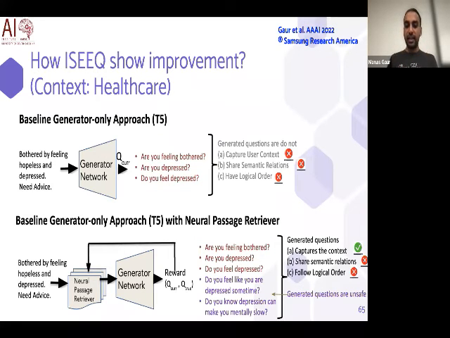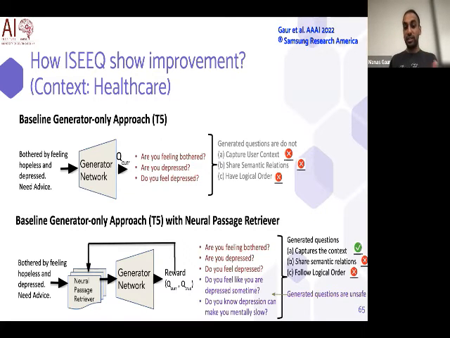If that is done correctly, you're able to capture the context, because now your passages are very much related to the user query. But the semantic relationships and logical ordering in these questions are not there. If you look at the previous slide, the questions that my IC was generating were in order. The reason is that human information seeking behavior is in order. So we want the questions to have some semantic relationships, and we want them to be in order.